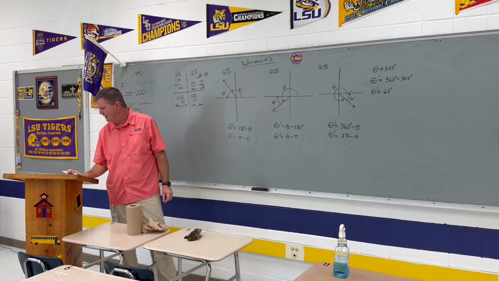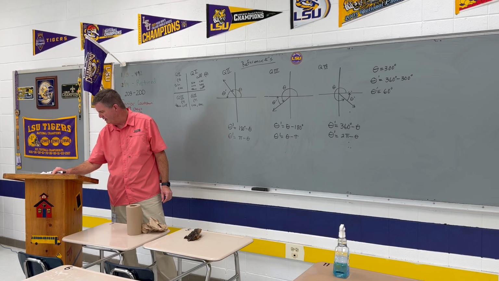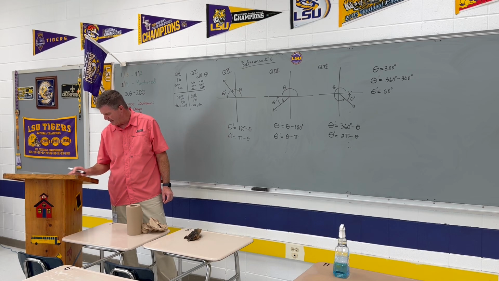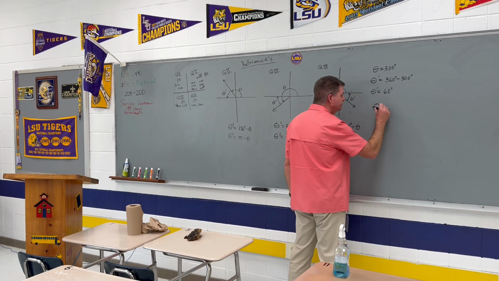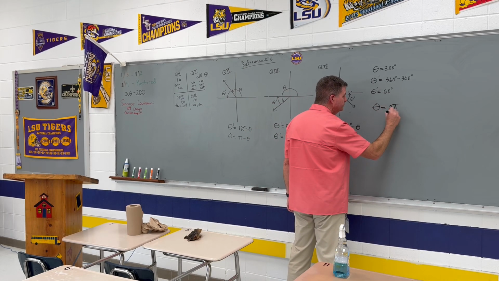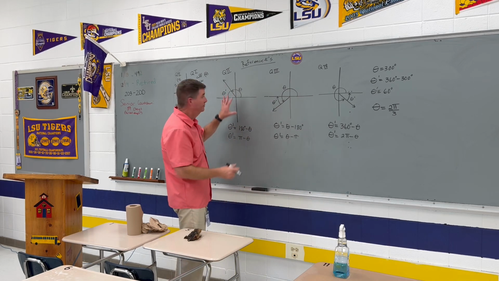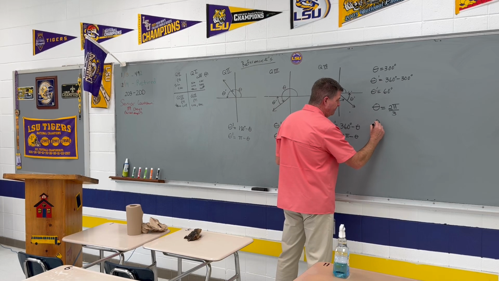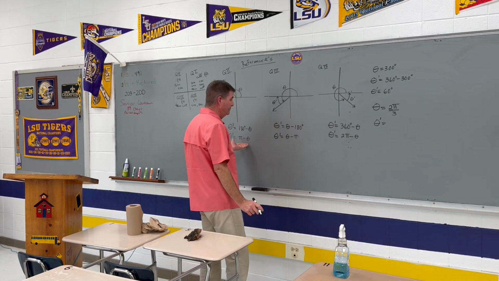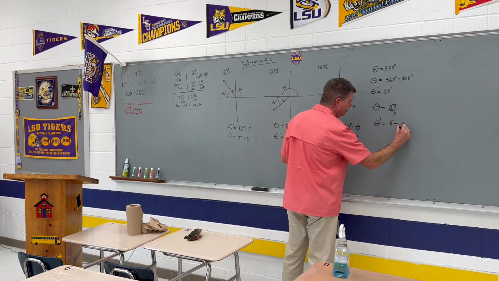Suppose we had the angle of 2 pi over 3. Well, 2 pi over 3, what quadrant? Second quadrant. So we would know that theta prime would be equal to, according to this, pi minus theta, which is 2 pi over 3.